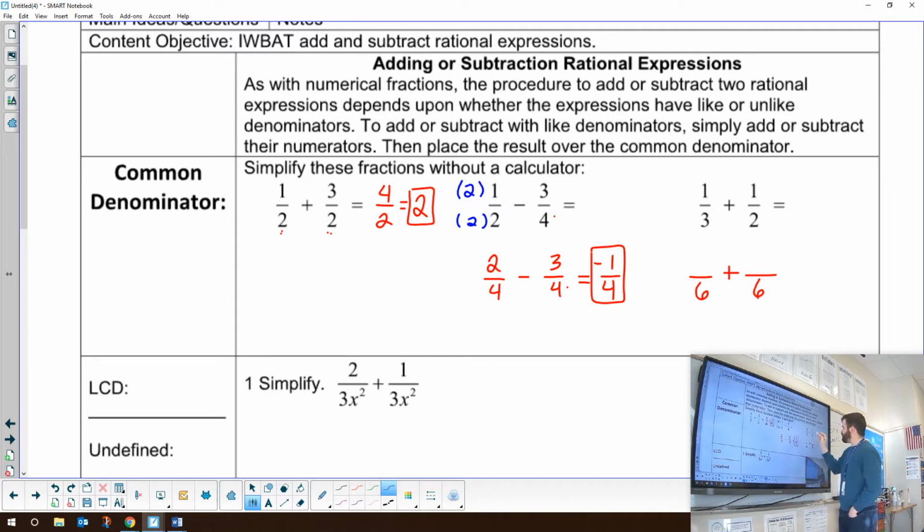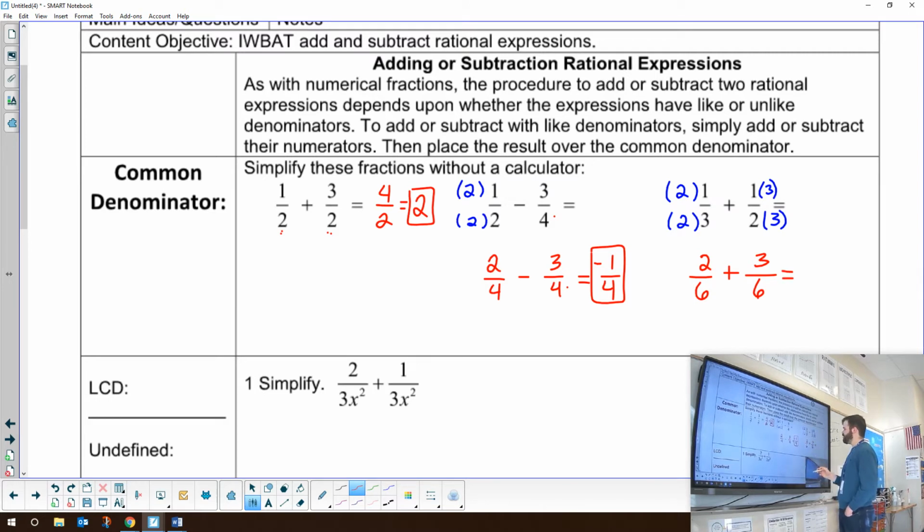To get from 3 to 6, I need to multiply by 2, and so we're going to multiply the top by 2 as well. So 1 times 2 is, of course, 2. Then to get from 2 to 6, I need to multiply by 3. So 2 times 3 is 6, and 1 times 3 is 3.